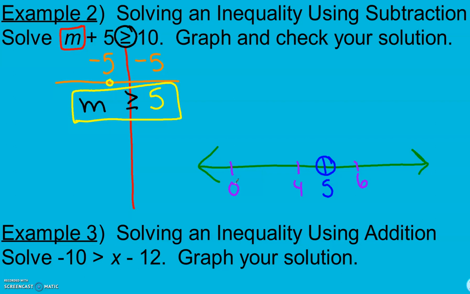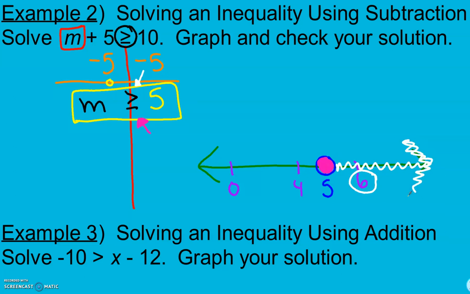We want greater than or equal to. The equal to part here means I'm going to shade in my 5, shade in that circle. The greater than part here means I want numbers that are greater than 5, like 6, for example. So I shade on the side of 6.